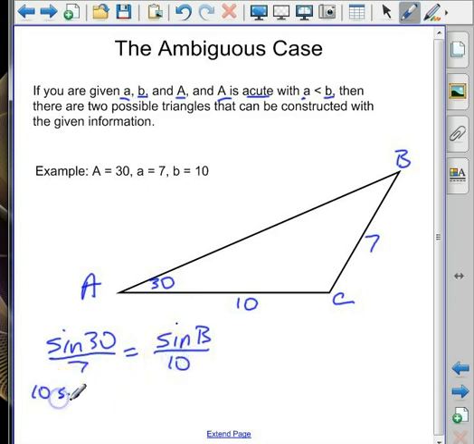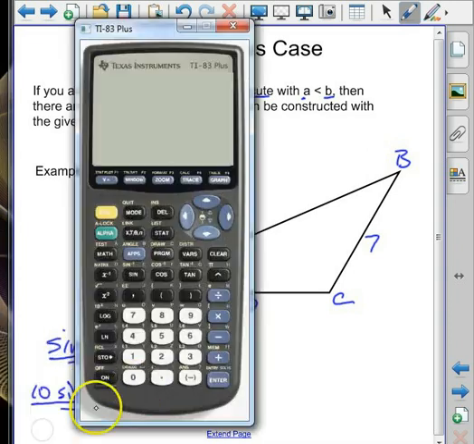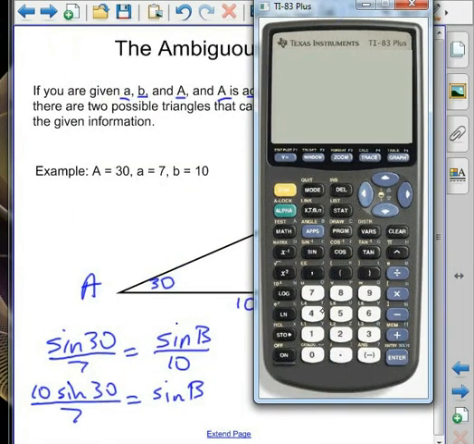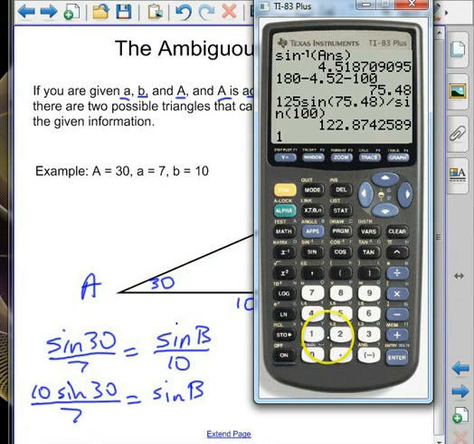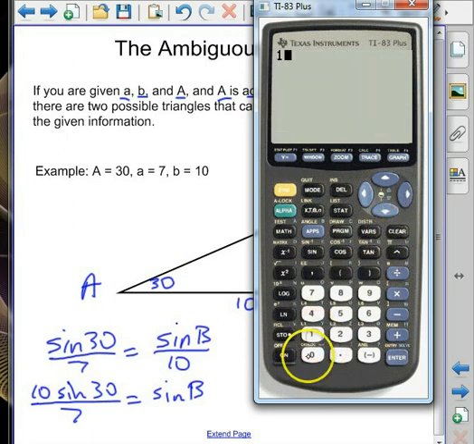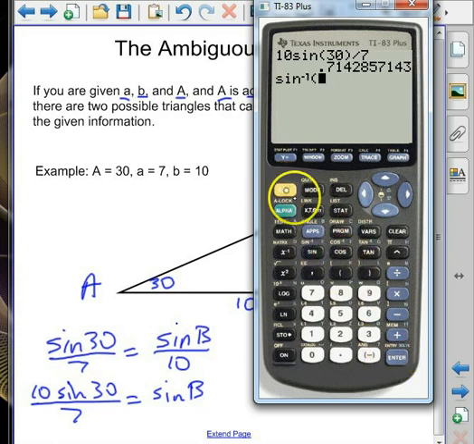So 10 sine 30 over 7 is sine B. Let's calculate that. 10 sine 30 divided by 7. Then I'm going to take the inverse sine of that. And I get 45.58.